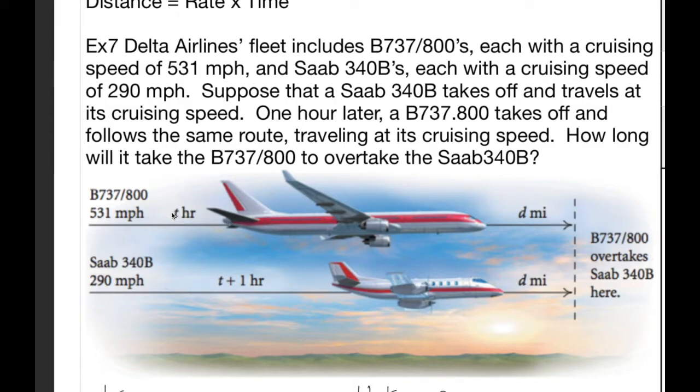I've seen people write it as t minus 1 and t, if you want to let t represent the amount of time for the Saab. But what we really want to know is how long it will take the B737 to overtake. So the answer we're looking for is t, because that's the Boeing's time, not the Saab's time. The Saab gets t, Boeing's time, plus an hour.